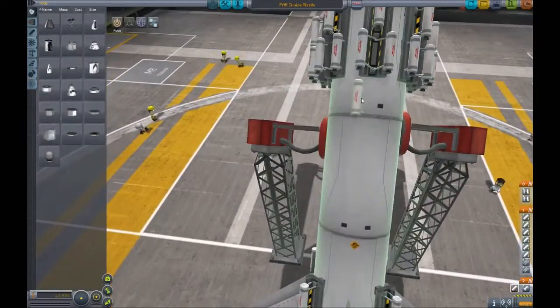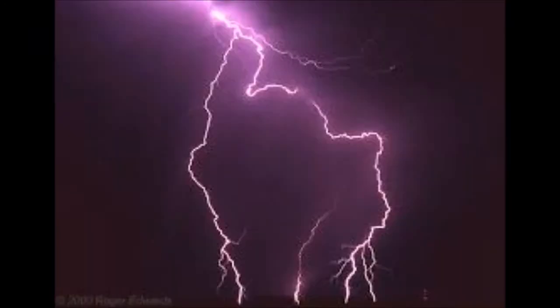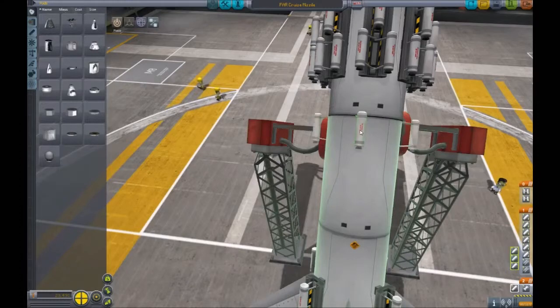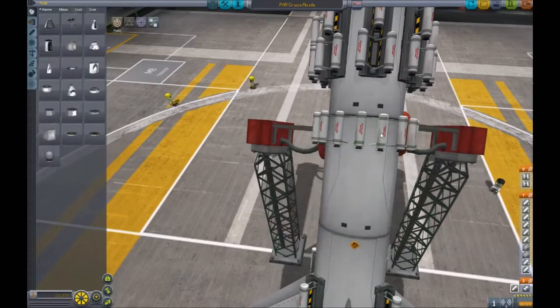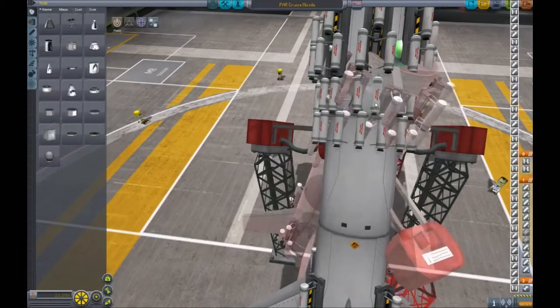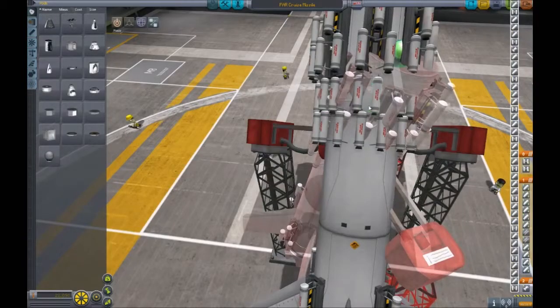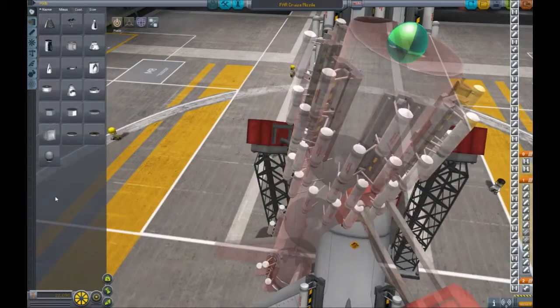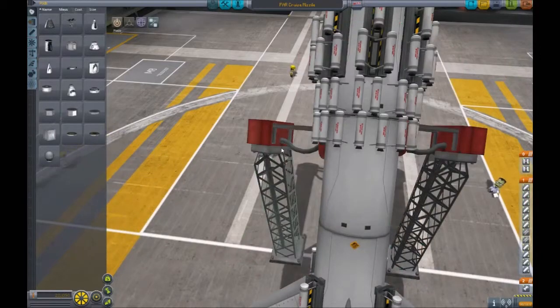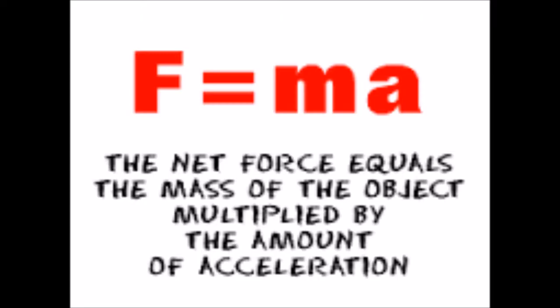The four basic forces of the universe are gravity, the strong force, the weak force, and electromagnetism. Gravity is the natural attraction of all objects with mass to all other objects with mass. The formula for it is the mass of object 1 times the mass of object 2 times the gravitational constant divided by the distance between the two squared, which is also very similar to the formula for electromagnetism, but it more closely applies to the formula F equals ma.